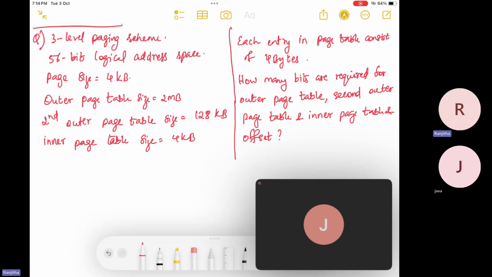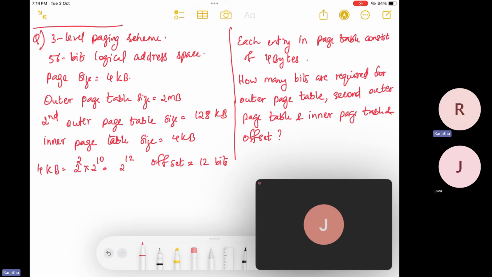So it's a three-level paging scheme. It's a 56-bit logical address wherein the page size is 4 KB. So 4 KB will be 2 power 2 into 2 power 10, which is 2 power 12. Okay, so offset is 12 bits.